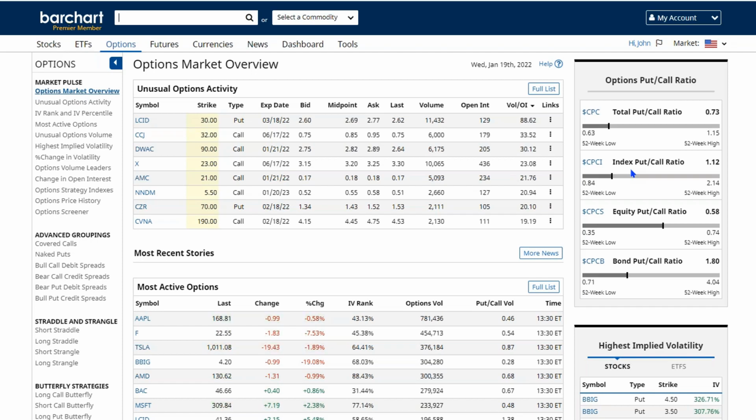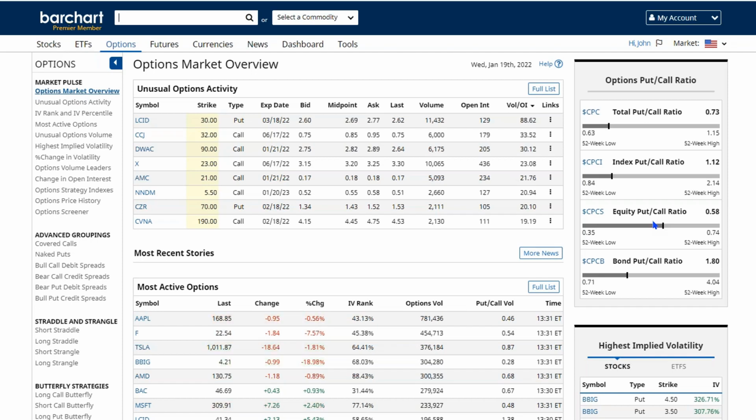But if you were watching this over the last few days, or actually over the last few weeks, both of these put-call ratios, the index put-call ratio and the equities put-call ratio, were at the high end of our 52-week range. In other words, the sentiment over the last few weeks has been more bearish than bullish. Now today, we're kind of right in the middle of the range for the equities.